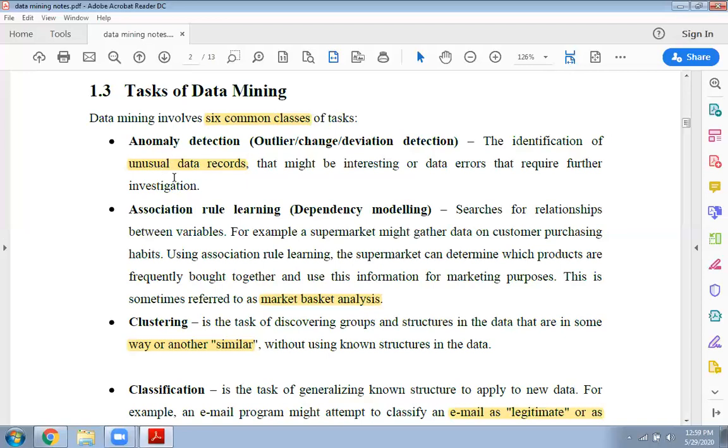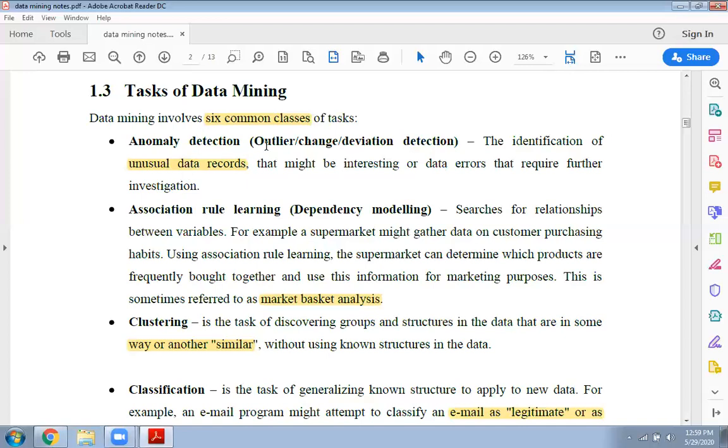Such types of records which are unusual or are data errors might be interesting for future investigation, but for predicting a trend or a behavior, such unusual data records or data errors must be removed. So an important task in the data mining process is to detect the anomaly.